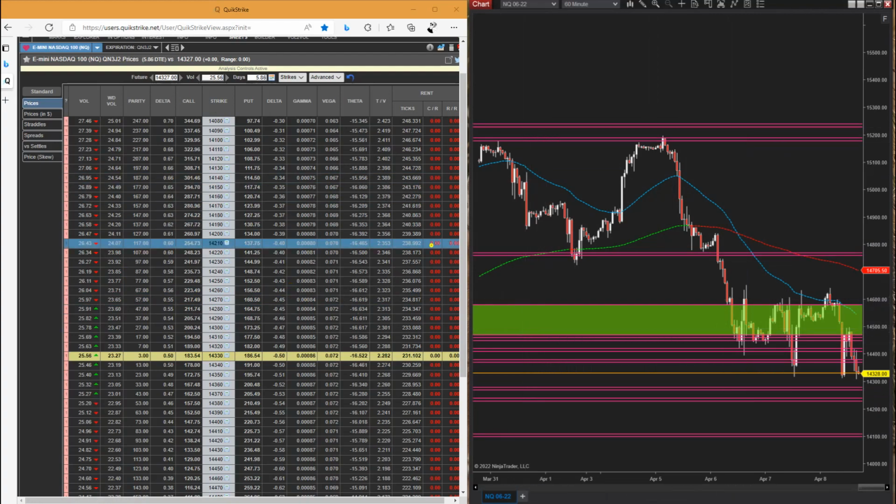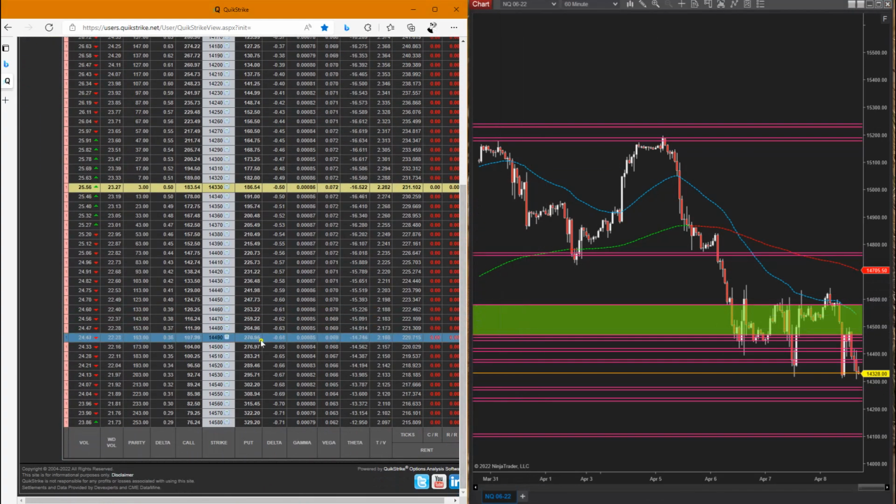And to the downside, the 45 or 35. 45 is really close to this 370, so I'm going to drop it down to the 35. 500 to 510.